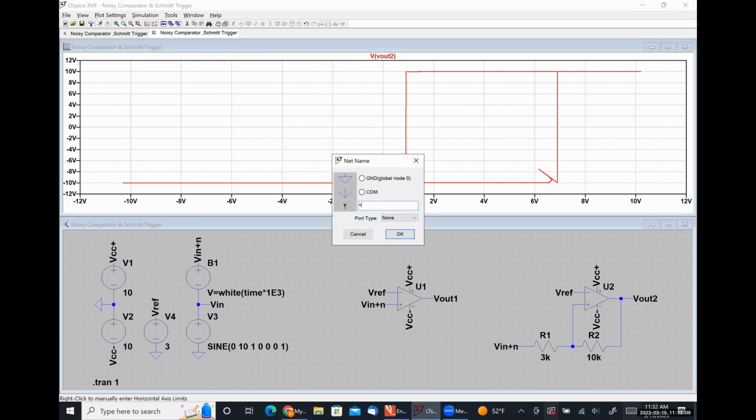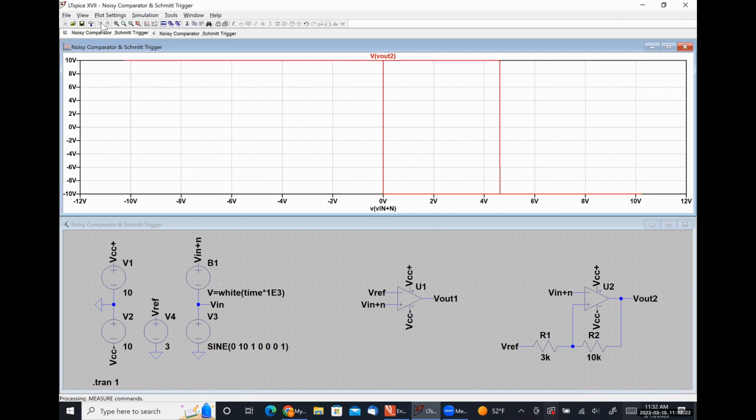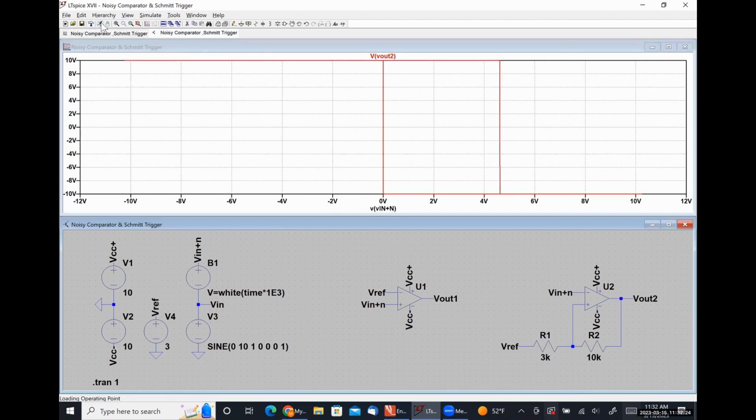So let's put VREF right here, and let's put VN here, and run our simulation. And now our output stays high until we get beyond the upper trigger limit, and it goes low, and then it stays low until we hit that trigger limit and it goes high.